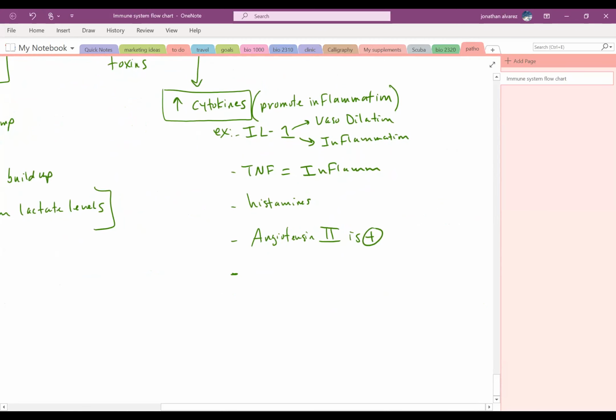So remember the goal of angiotensin 2 is to cause vasoconstriction. All right, you can also get nitric oxide.